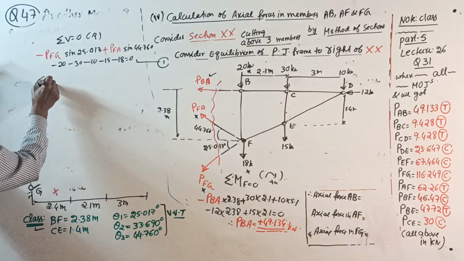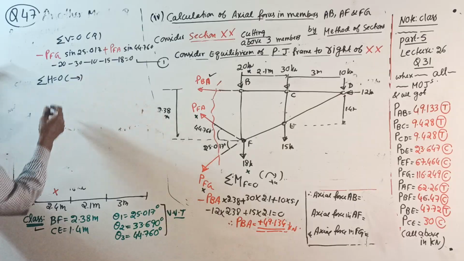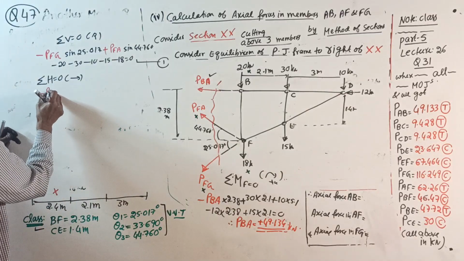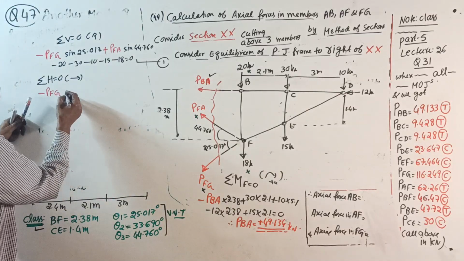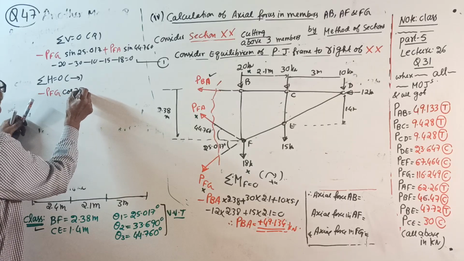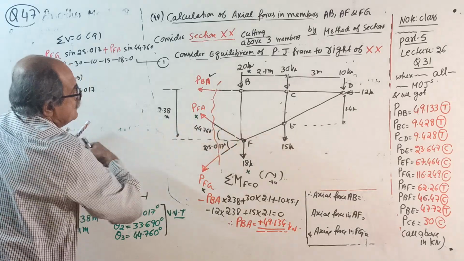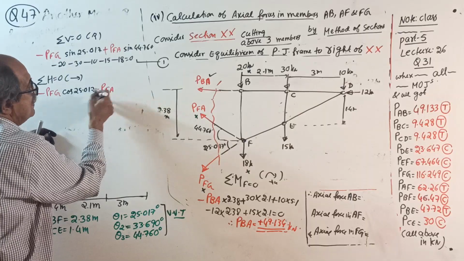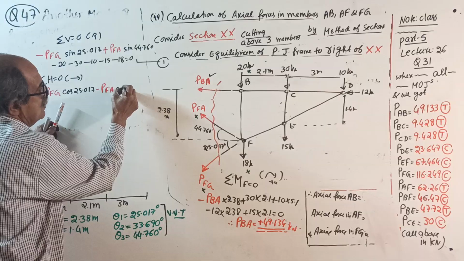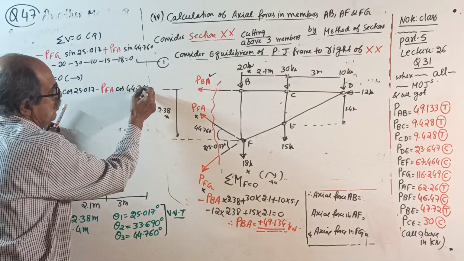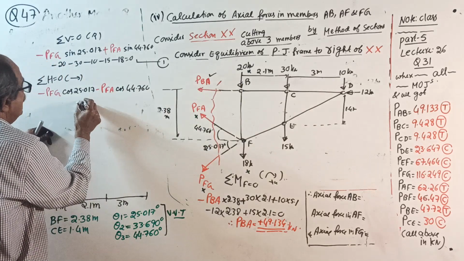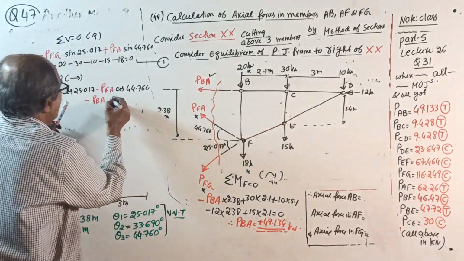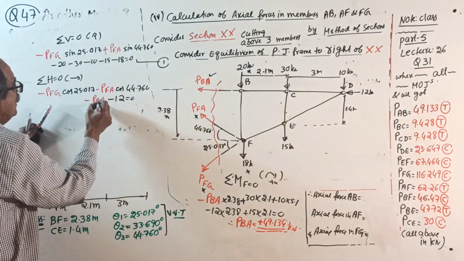Sigma H equal to 0, take right side positive. Unknowns first: minus P_FG cos 25.017, minus P_FA cos 44.760, minus P_BA, then minus 12 equal to 0.